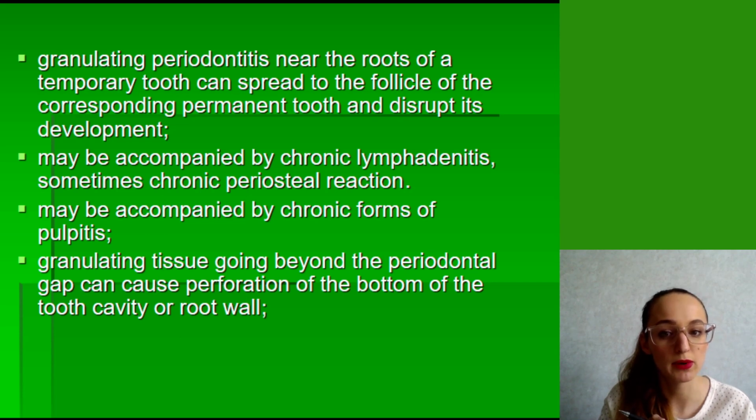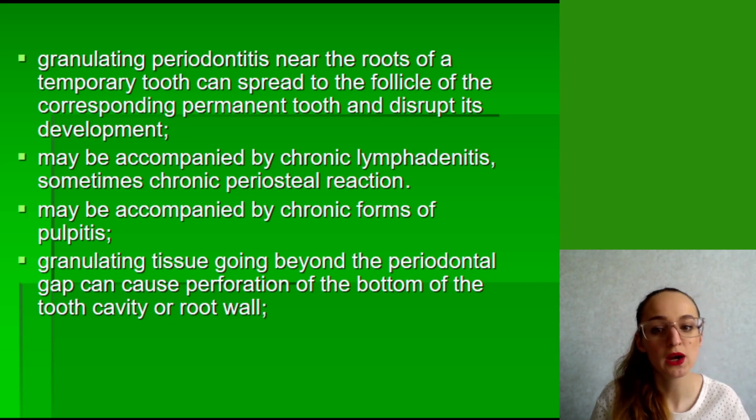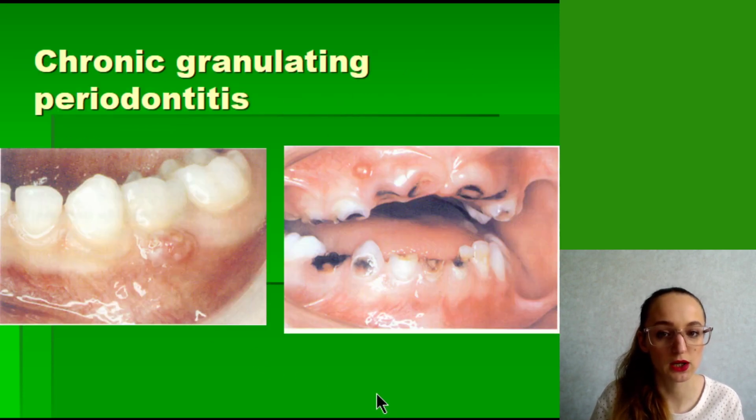It may be accompanied by chronic forms of pulpitis. Granulation tissue extends beyond the periodontal gap and can cause a perforation of the bottom of the tooth cavity or root wall. Chronic granulation periodontitis, it is a fistula.